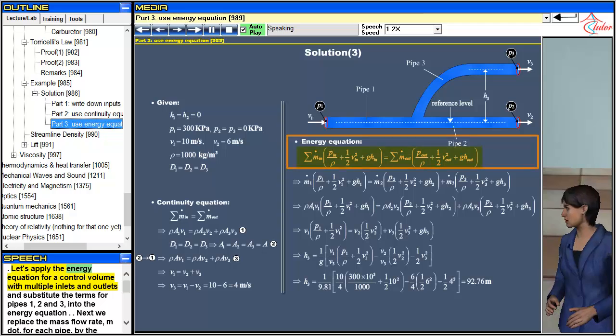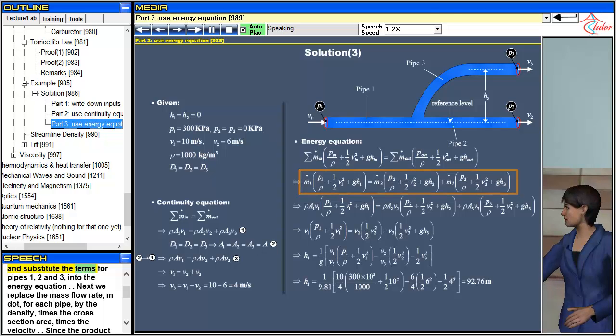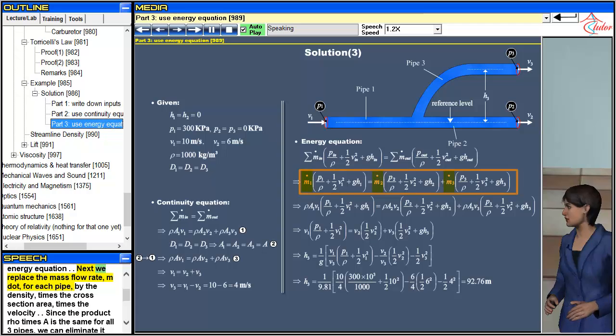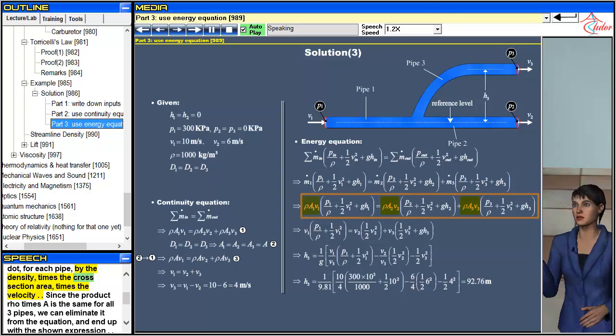Let's apply the energy equation for a control volume with multiple inlets and outlets, and substitute the terms for pipes 1, 2, and 3 into the energy equation. Next we replace the mass flow rate, m dot, for each pipe by the density, times the cross-section area, times the velocity.